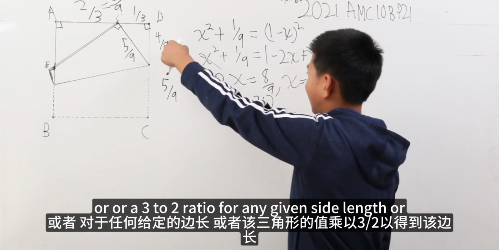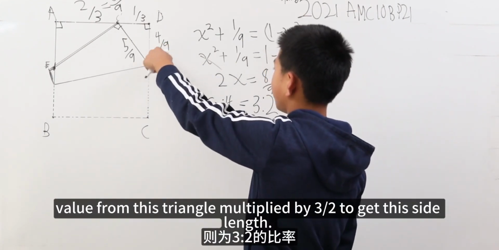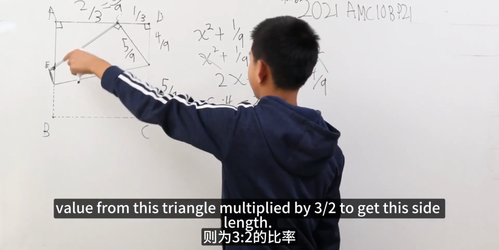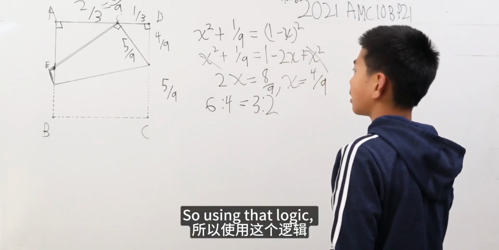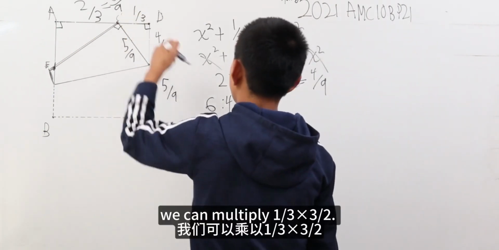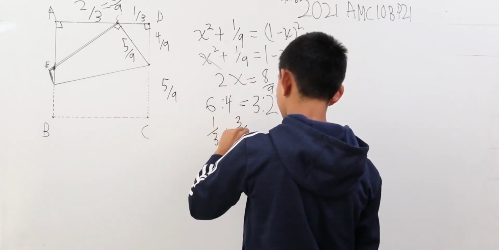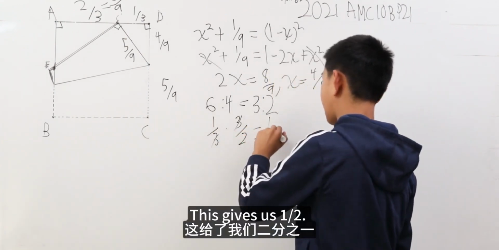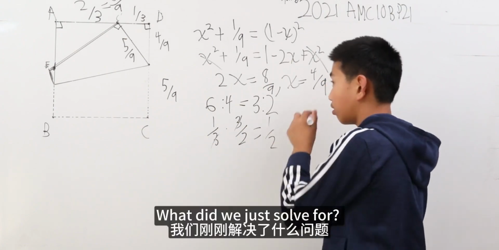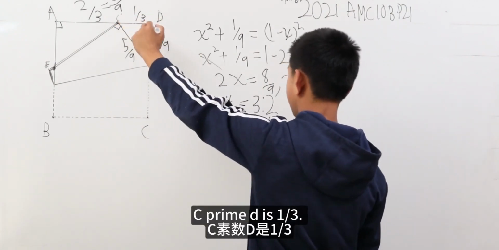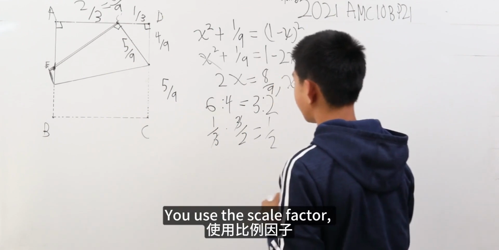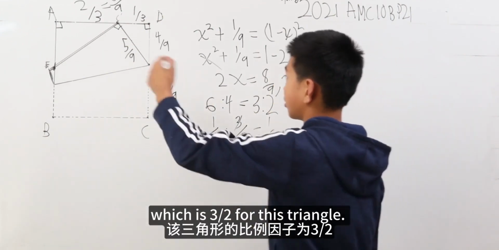So for any given side length from this triangle, multiply by 3/2 to get the corresponding side length. Using that logic, we multiply 1/3 times 3/2, which gives us 1/2. This side length, C prime D, is 1/3, and you use the scale factor 3/2 for this triangle.